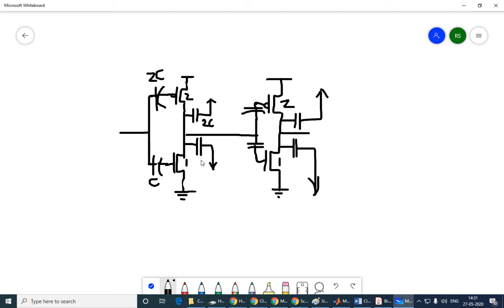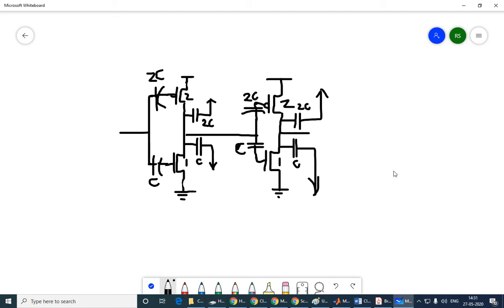This is also going to be C. This is going to be 2C. This is going to be 2C. This is going to be C. This is also going to be C. Okay, so these are all the capacitances that are associated with this full circuit.